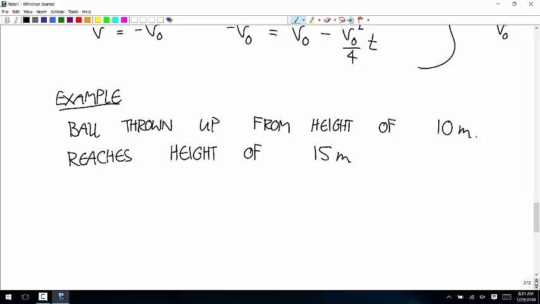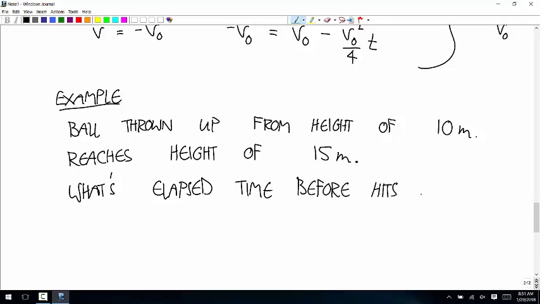That's the highest point that it reaches. What's the elapsed time before it hits the ground? Highest point is 15 meters. Okay, let's see if you can get through that one.